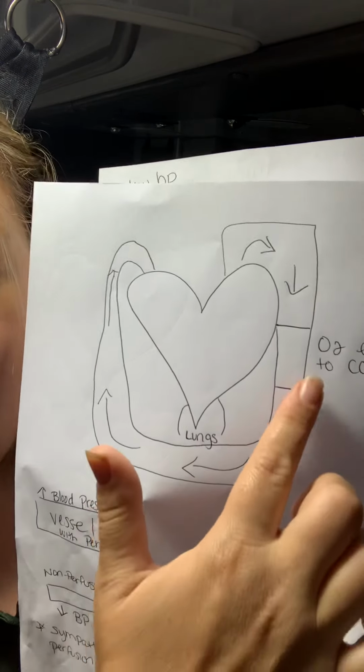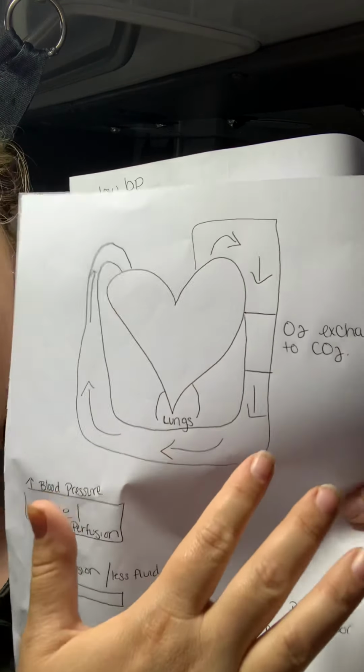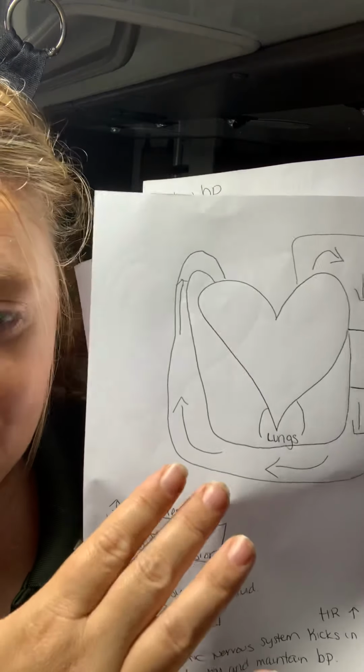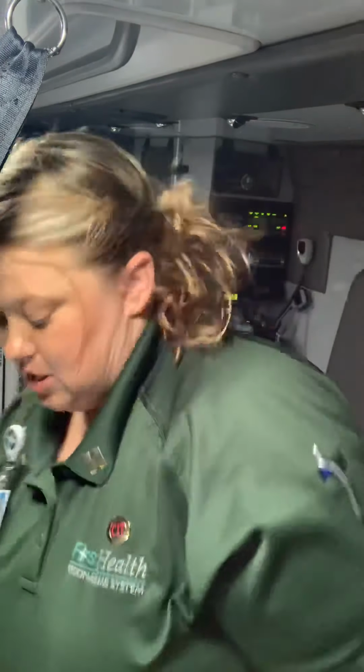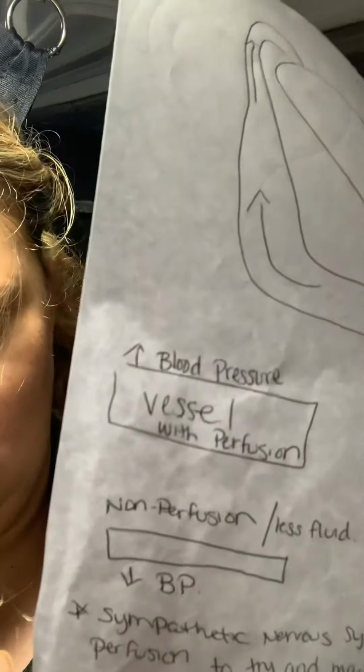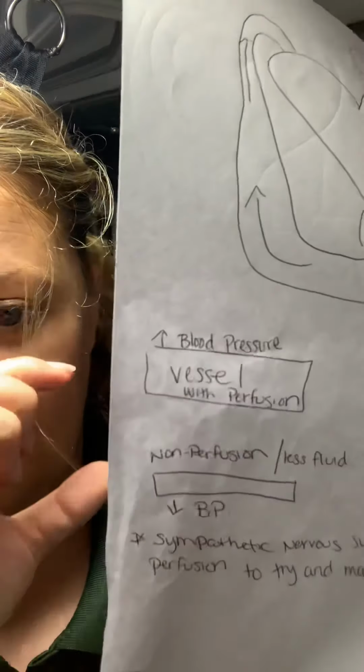And then it keeps going, perfuses all of the organs, the capillaries, perfuses everything, and then comes back up into the heart and then goes to the lungs. So with hypovolemia, it might be backwards for you guys, but this is a horrible picture of a vessel. Vessel being veins or arteries, anything carrying blood, even capillaries.